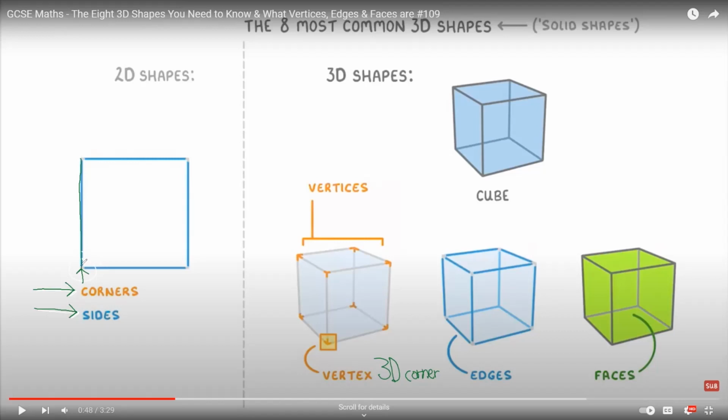When we have a side in a 2D shape, that becomes our edge. Where the faces come together, they create edges, and then the top and the bottom of the edges are forming vertices, corners.